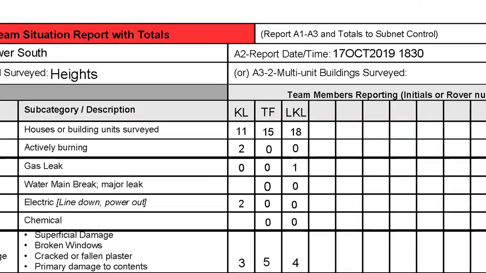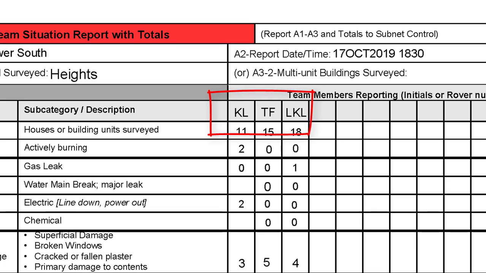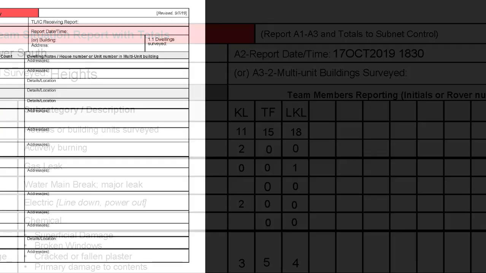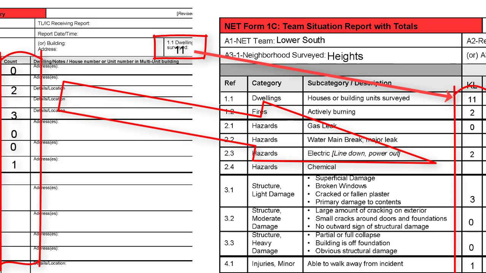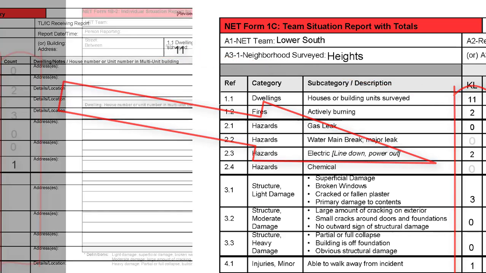After recording the initials of the team member at the top of a column on the 1C, the counts from the 1B1 are copied into the column. Any blanks should be recorded as 0. A 0 doesn't mean that no occurrence of the type described by the category occurred, but rather that none were observed by the team member.